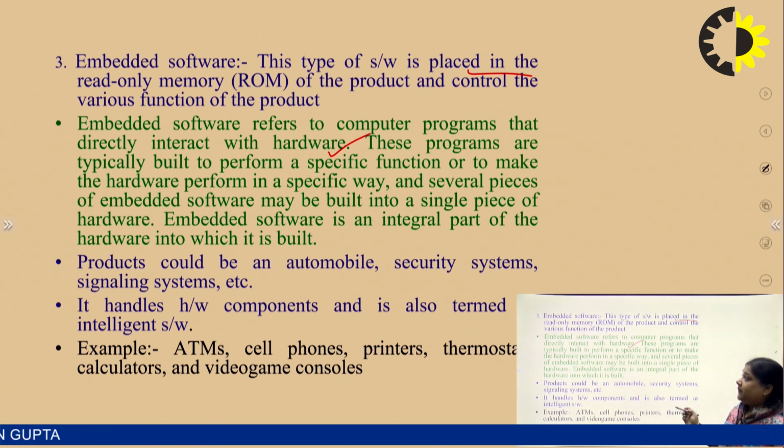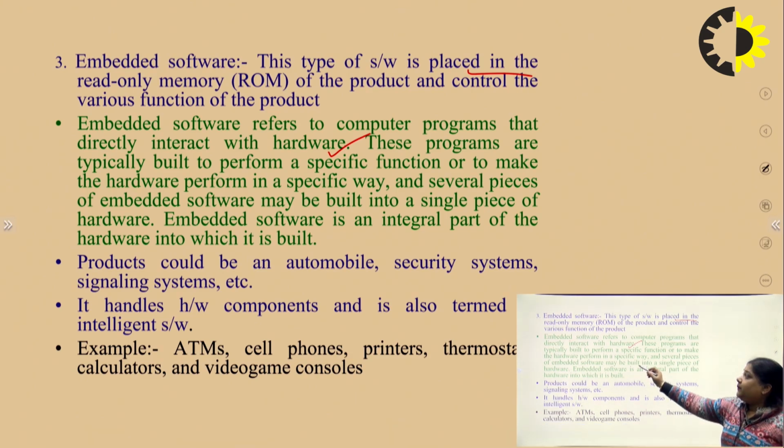It is built to perform a specific function or to make the hardware perform in a specific way, and several pieces of embedded software may be built into a single piece of hardware. Embedded software is an integral part of the hardware into which it is built.